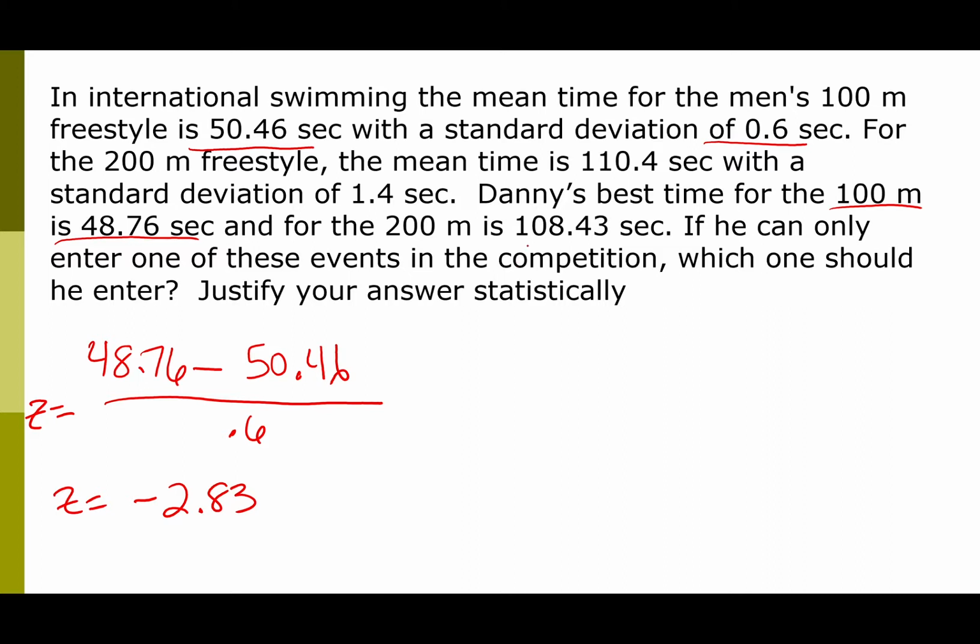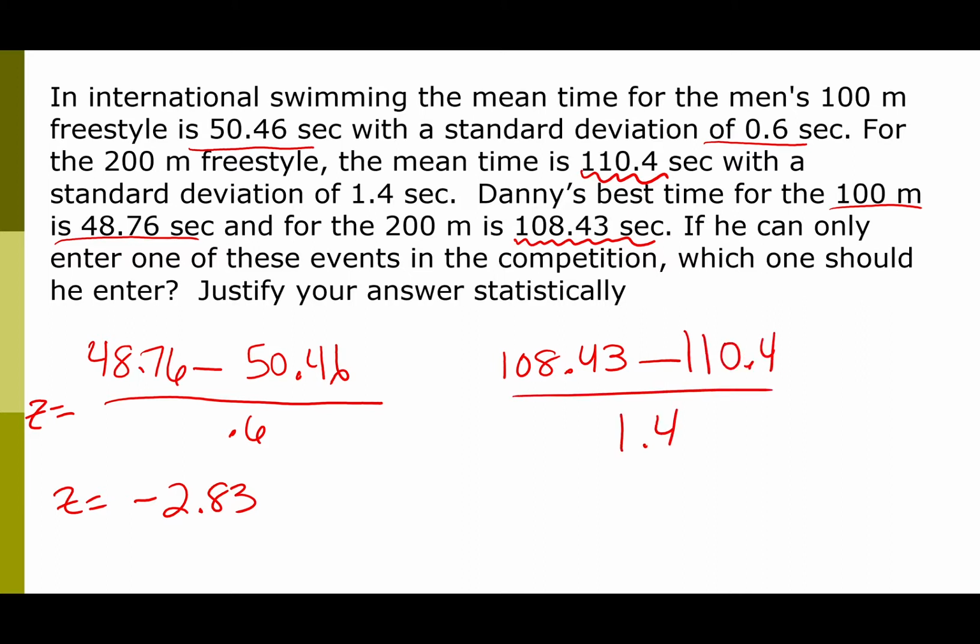So for the 200-meter, his best time is 108.43 minus 110.4 over 1.4, which is unfortunately only negative 1.41 standard deviations below the mean.